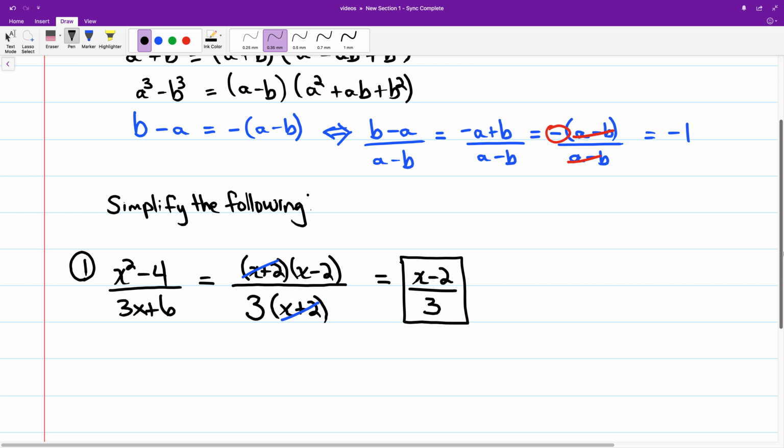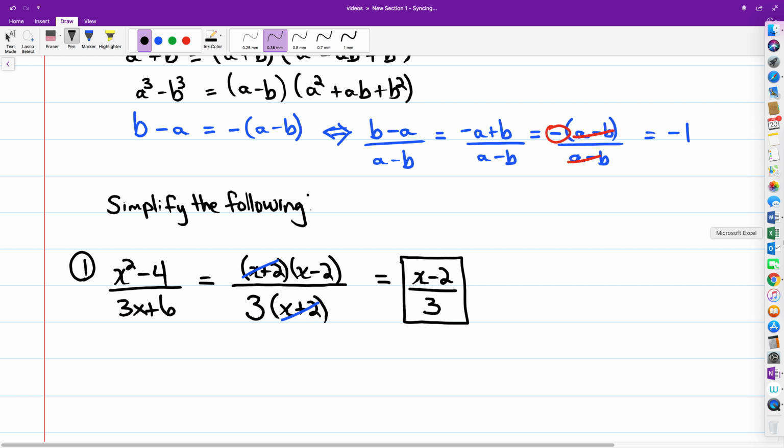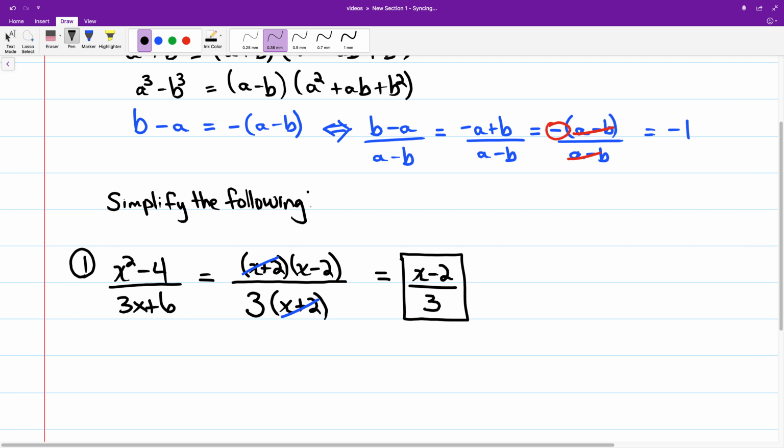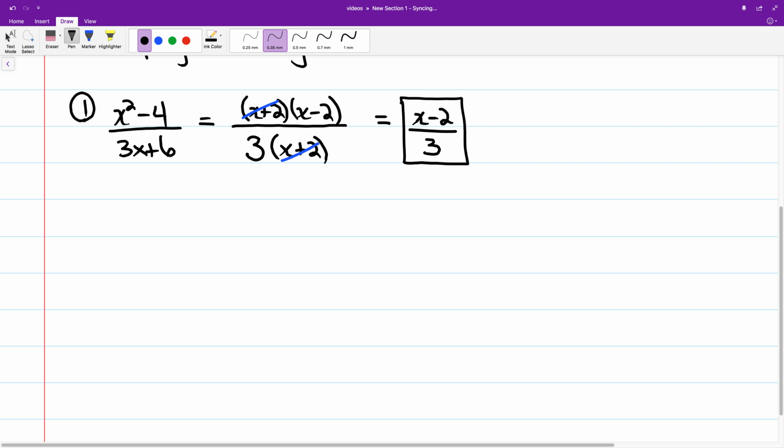And let's say that if we have, as another case, in terms of simplifying, 25 minus x squared all over x squared minus 7x plus 10.